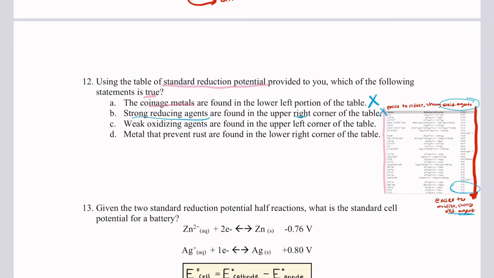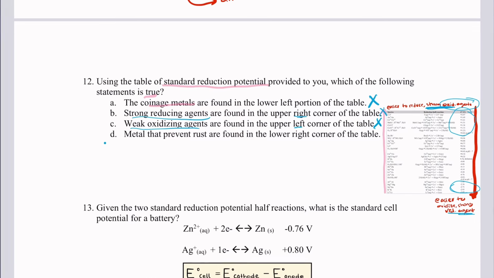The third statement says that weak oxidizing agents are found in the upper left corner. This is also incorrect. The upper portion of the table contains the strongest oxidizing agents, not the weakest ones. The final statement says that metals that prevent rust are found in the lower right corner of the table. This is the correct description.